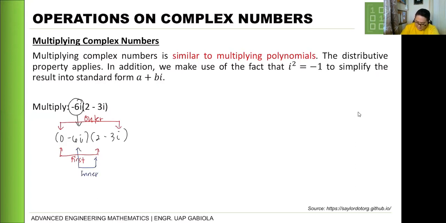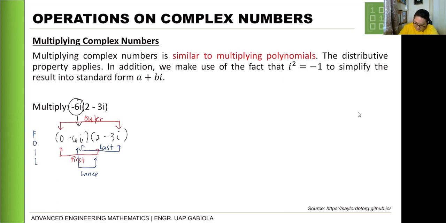And then yung last is yung ating last, okay? So ibig sabihin yung last ay ito. Okay? Yan po yung ating FOIL method na pwede natin gamitin as a guide in multiplying complex numbers. Okay? So dito, pakita muna natin using FOIL method.